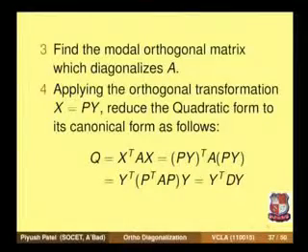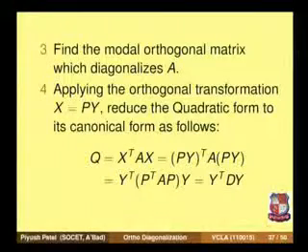The given quadratic form is in the variable x. So Q equals x transpose A x. Now we replace x with Py, so that we get (Py) transpose A Py. By the associative property of matrices and the properties of transposition, we have y transpose P transpose A Py.